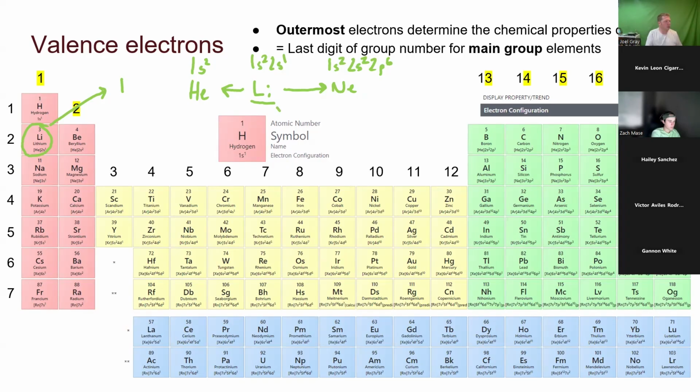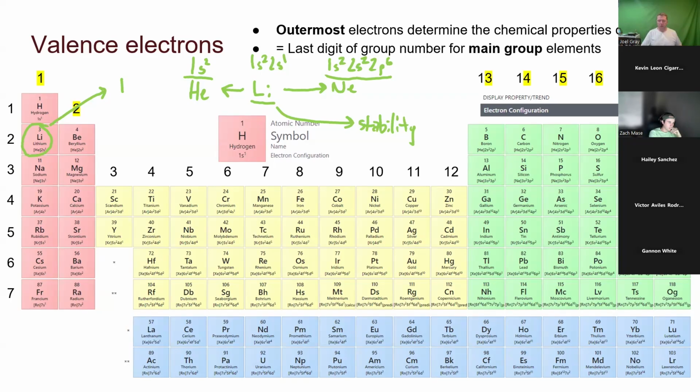Li, stability. That's what we're seeking to answer. Lithium's two most stable elements near it are helium and neon, because those are both noble gases. If we look at our noble gas electron configuration, for helium, it's 1s2, and for neon, it's 1s2, 2s2, 2p6.